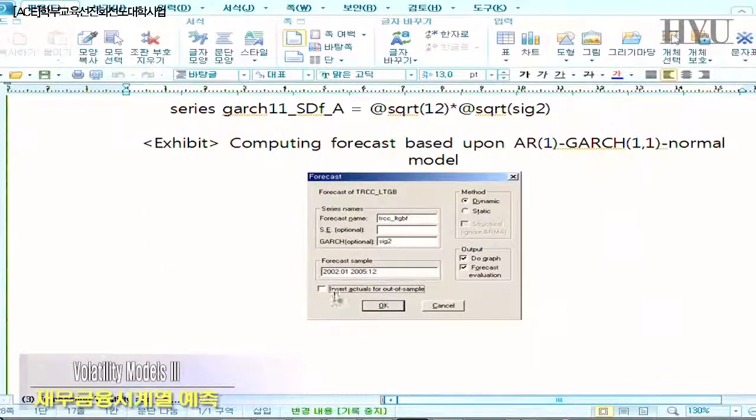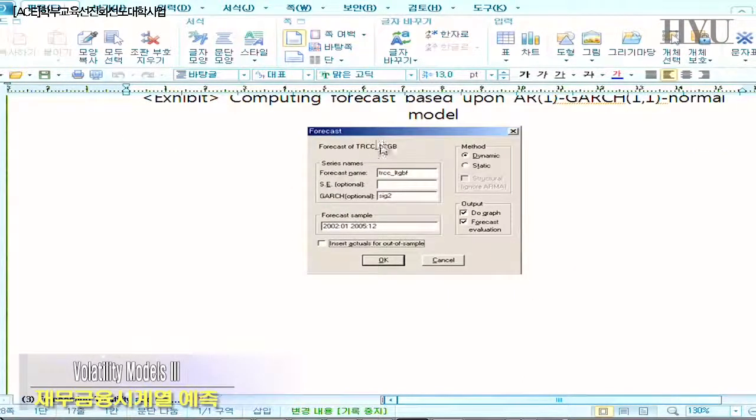And to compute forecast, you can give a name for forecast of series name. Okay, so this is in terms of level, and this is in terms of variance equation. And out of sample has to be specified, otherwise, you calculate everything. And this screen may be slightly different depending upon the version.